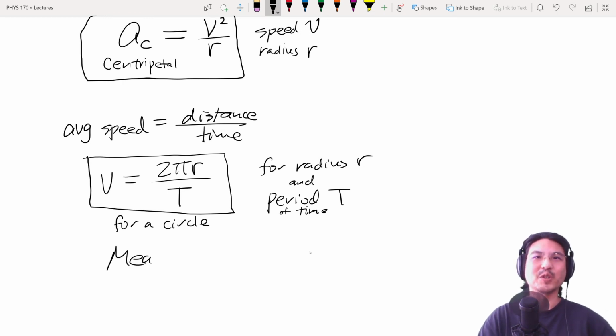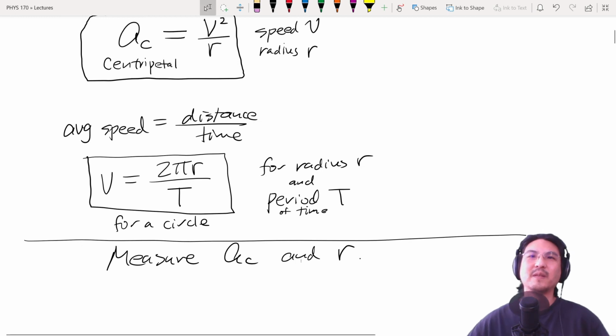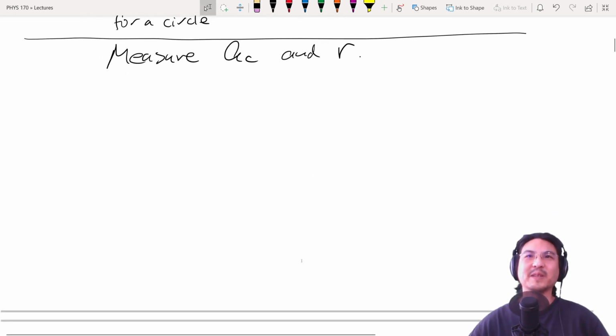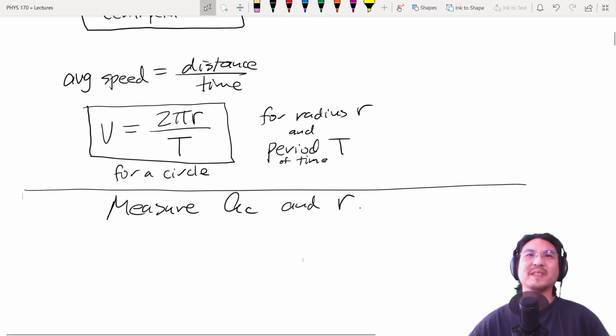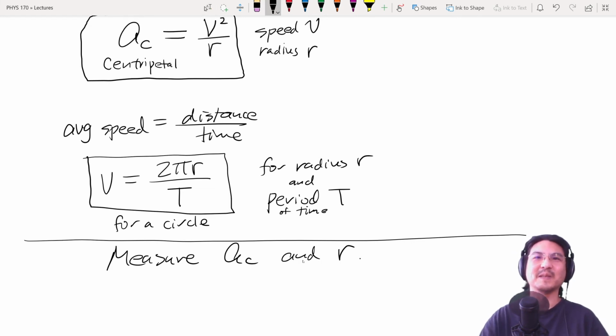So say you measure the centripetal acceleration, and then use satellite tracking to determine the radius of the vortex. So let's say you know both the acceleration and the radius. Can you tell me the speed and the period? Let's do one thing at a time.